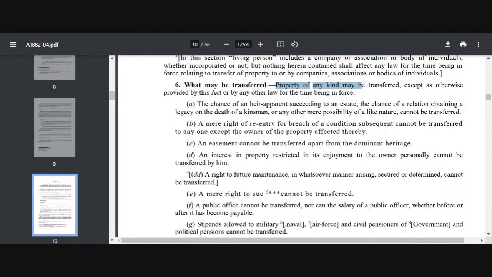Okay. And clause I, which is the 10th clause, it talks about untransferable right of occupancy. Untransferable right of occupancy also cannot be transferred. Any issue till now, students? You can post in the comment box.